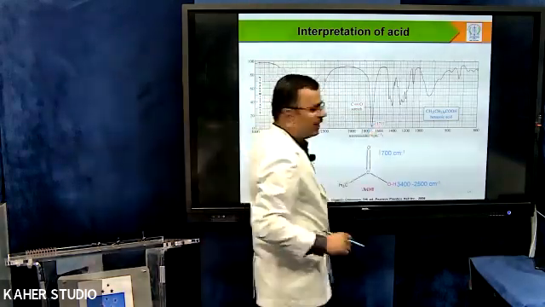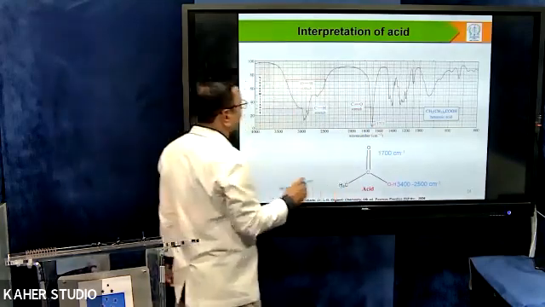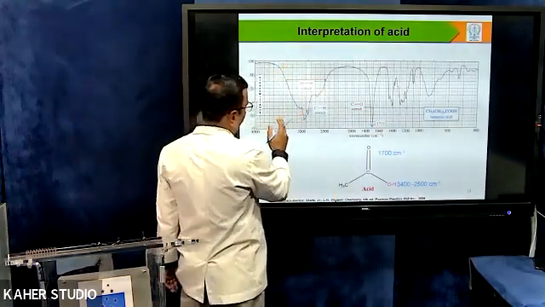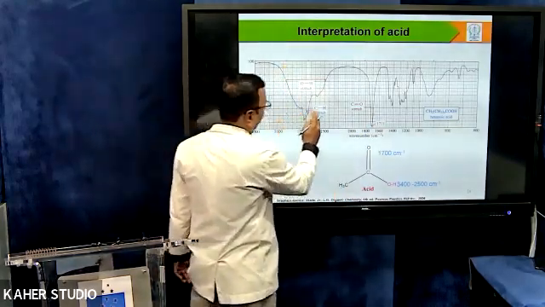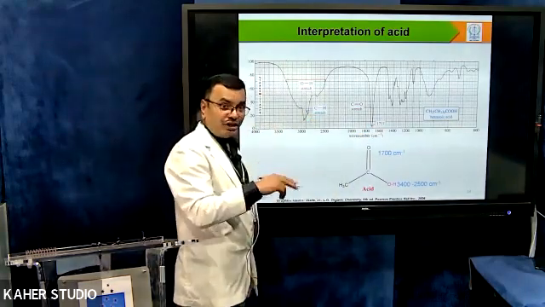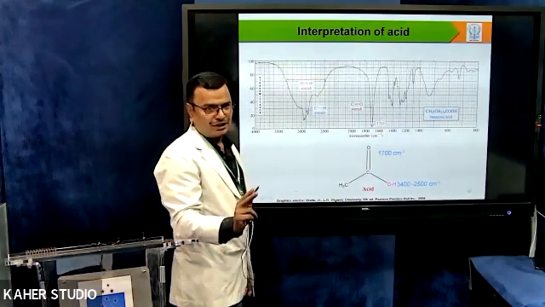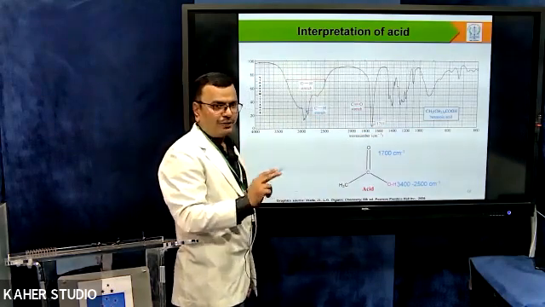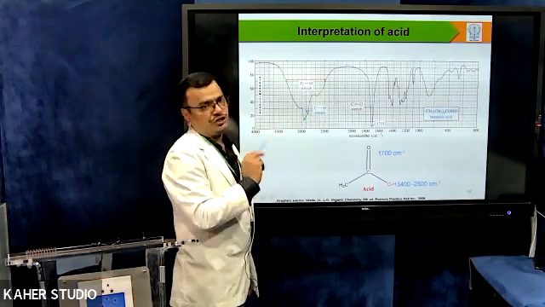If you take hexanoic acid as one example, there is a broad stretch somewhere between 2300 to around 2400. There is an OH stretch, and it has merged with the simple alkane CH stretch also. That is why it is very difficult to assign if you have moisture content also.